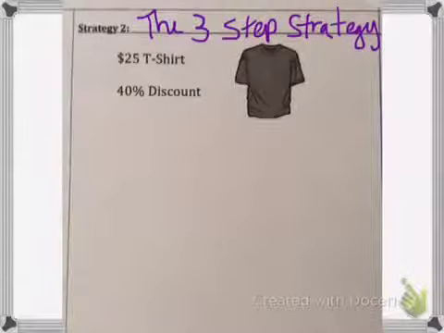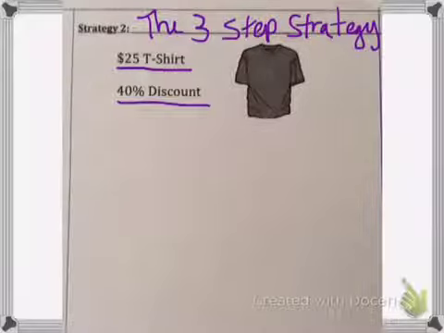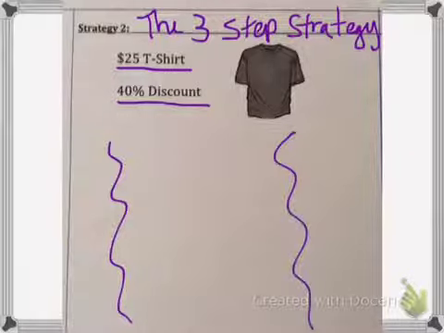With the three-step strategy, we're given the same shirt, a $25 t-shirt with a 40% discount. We should come up with the same $15 selling price that we found with strategy 1, setting up a proportion. This is a different strategy you can use, so figure out which one you're more comfortable with. For the three-step strategy, first of all, draw 2 squiggly lines, because there are going to be 3 different steps.